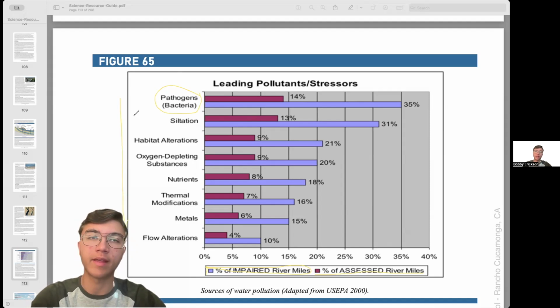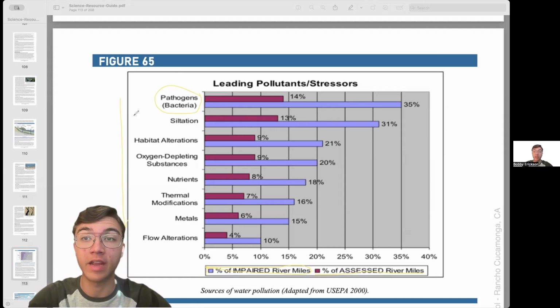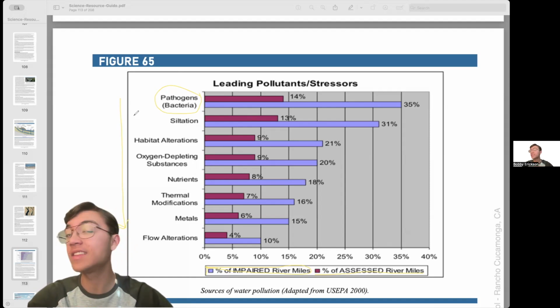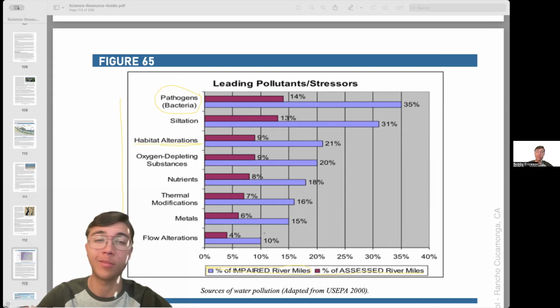Knowing that the leading pollutant is bacteria or pathogens, then we have siltation. So actually, soil itself is second highest when it comes to pollutants. And then we have habitat alterations, which are next up. We can also remember it goes from 35 to 10%, so that can help us estimate if we're ever guessing. And then we have oxygen depleting substances.